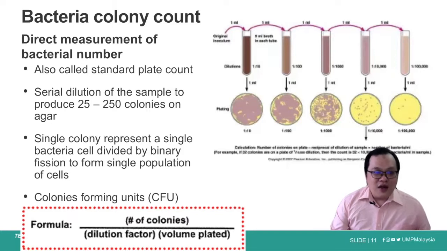The serial dilution of the sample that produces 25 to 250 colonies on the agar will be used for the calculation of the colony forming unit.